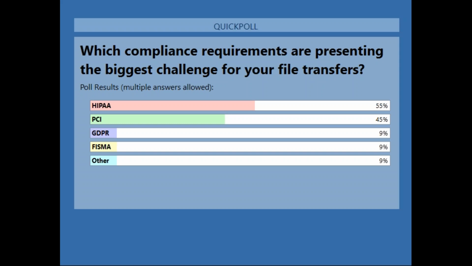Well, unfortunately, the organization may wait until they get a bad report from an auditor, or worse yet, experience a breach before they finally decide it's time to upgrade their FTP server. Another issue is misconfigured FTP servers can also introduce some security issues in your environment. When you have a lot of different administrators working on that server over a period of several years, there are bound to be opportunities for human error.